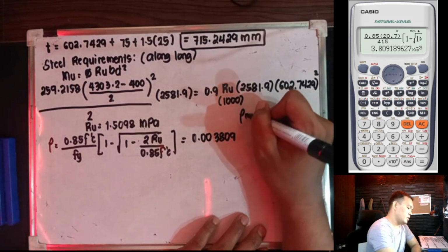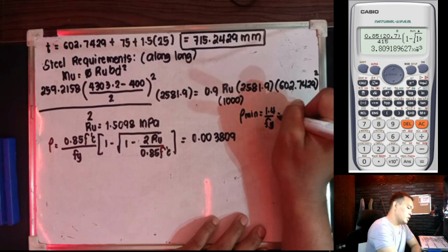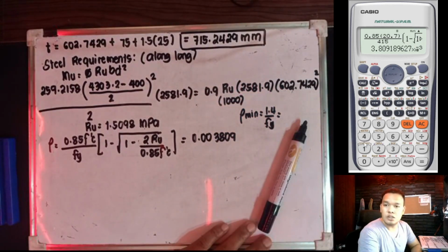Then check for rho minimum. Here rho min is equivalent to 1.4 all over Fy. So the value is 1.4 divided by Fy, which is 415.